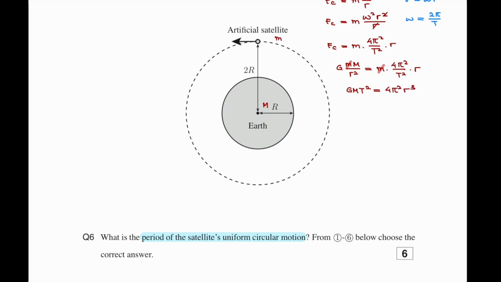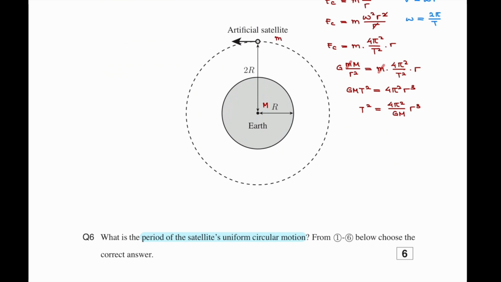Remember, we want to find the period. Period is T. So T square equals 4 pi square over G M times r cube. By the way, this is Kepler's third law.